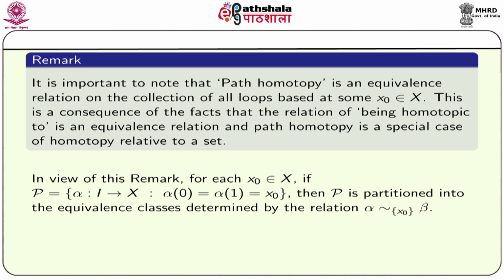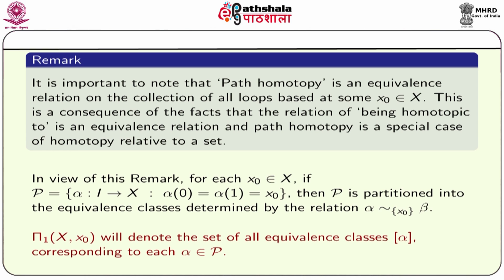In view of this remark, for each x0, if we take the collection of all loops based at x0 as the collection P, then this P is partitioned into disjoint equivalence classes determined by the relation alpha path homotopic to beta. Now, we denote the collection of all these equivalence classes, corresponding to each alpha belonging to P, as pi 1 of X comma x0.